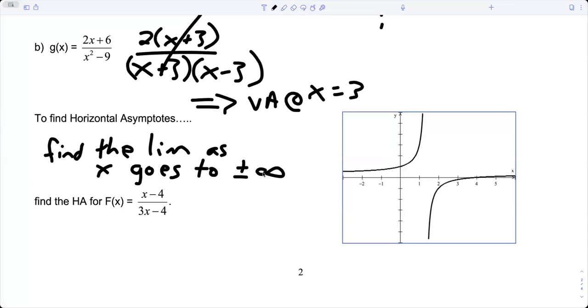Okay, so look at this. It says, find the horizontal asymptote for f of x is equal to x minus 4 over 3x minus 4.